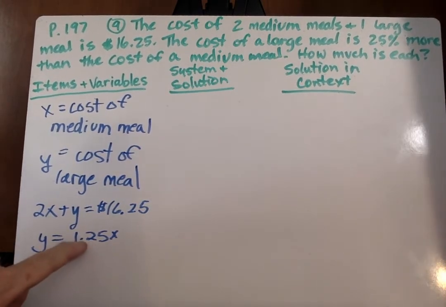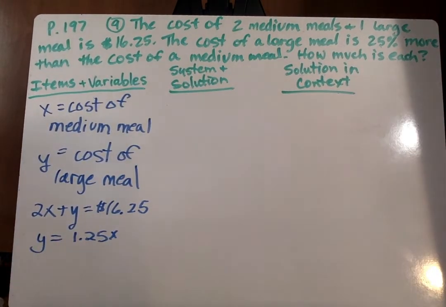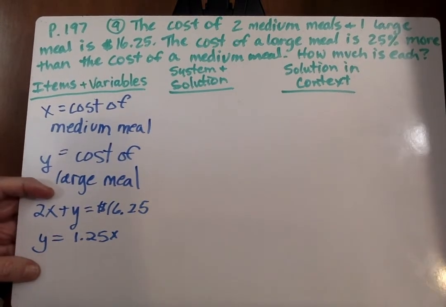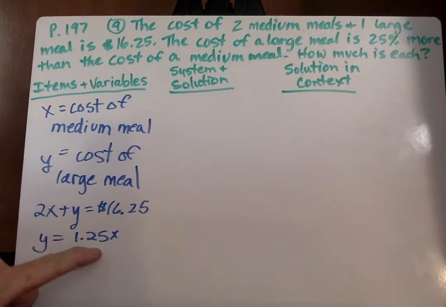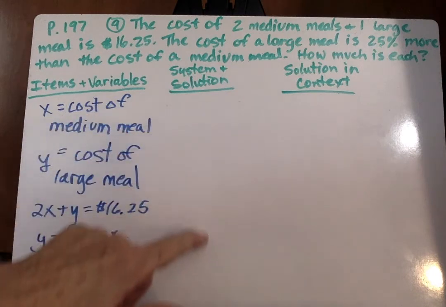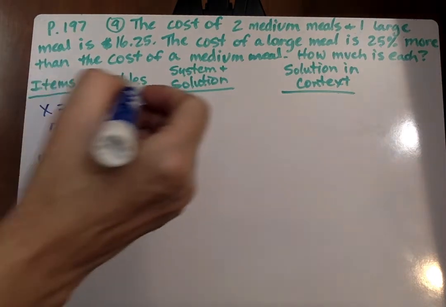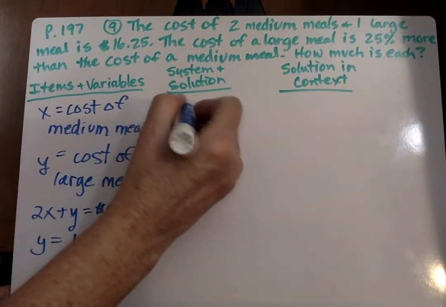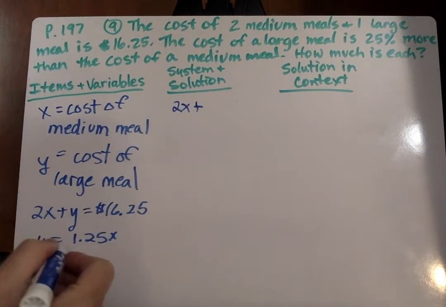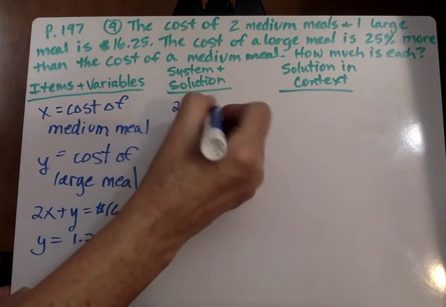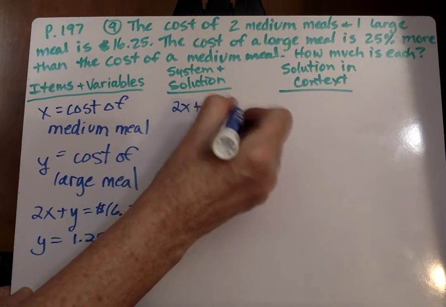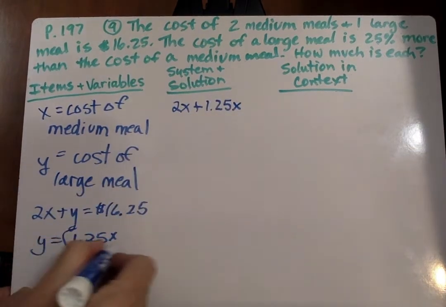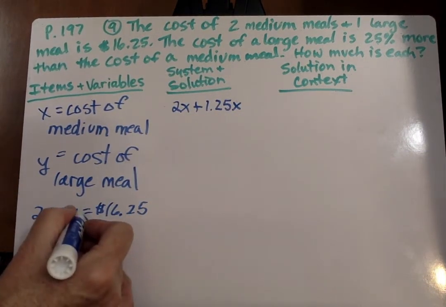So 25% we change to a decimal. So we have our two equations here, and I'm going to put this one in for that y and solve right here. So I put 2x plus, and this is 1y, so it's 1.25x, because I'm substituting this in for that y.